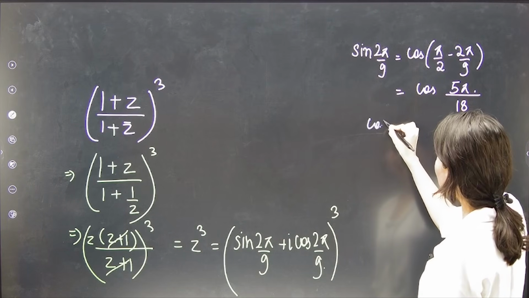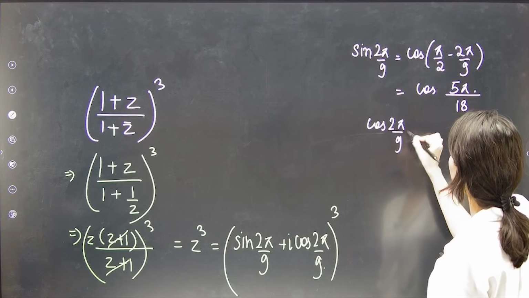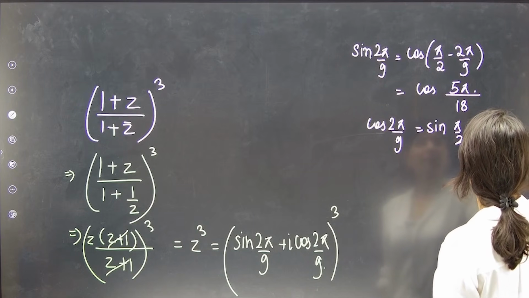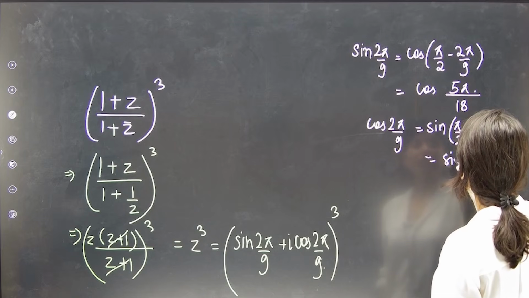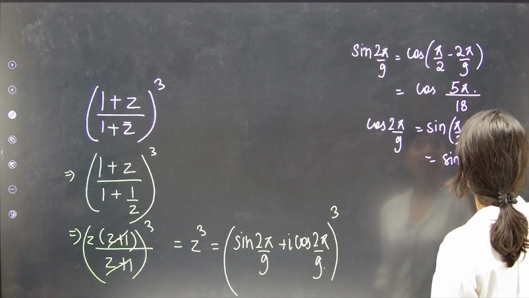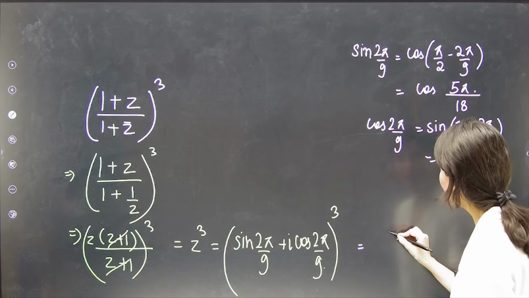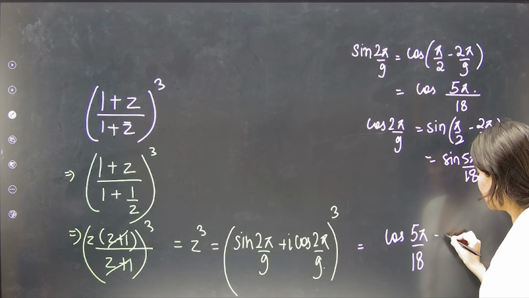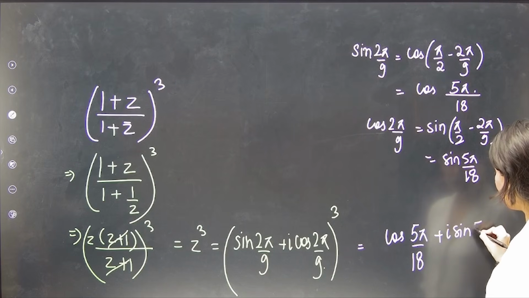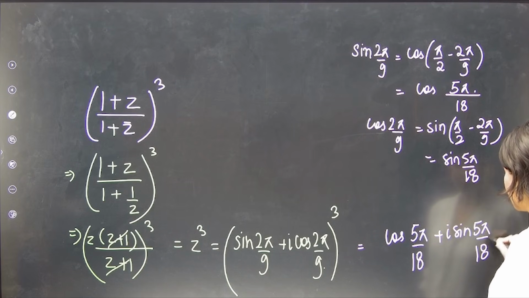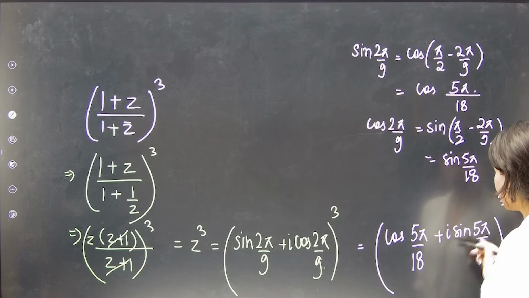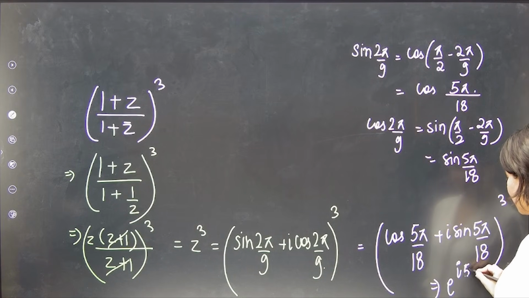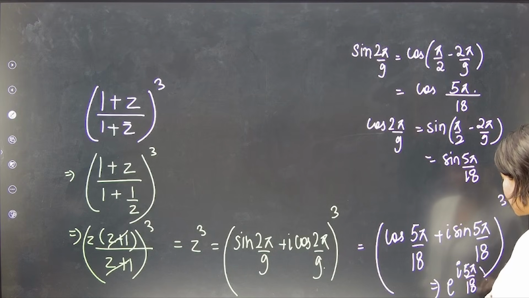Similarly, cos 2 pi by 9 is equal to sine of pi by 2 minus 2 pi by 9, so this is sine 5 pi by 18. Correct? So this is actually becoming cos 5 pi by 18 plus iota sine 5 pi by 18, complementary angles, whole cube. And this is going to become e raised to power iota theta, 5 pi by 18, power 3. Let's not forget.